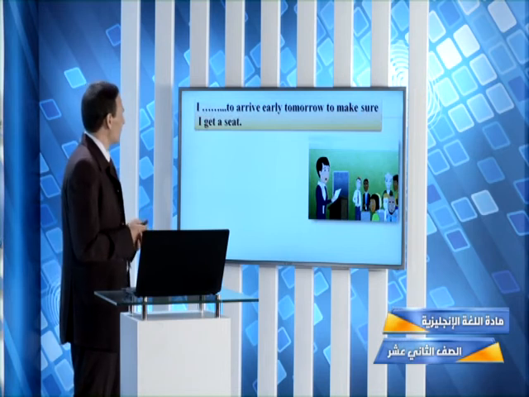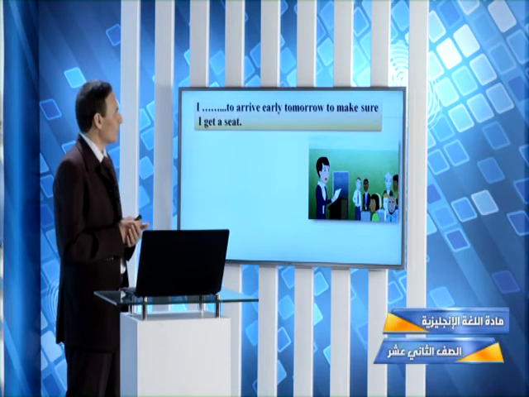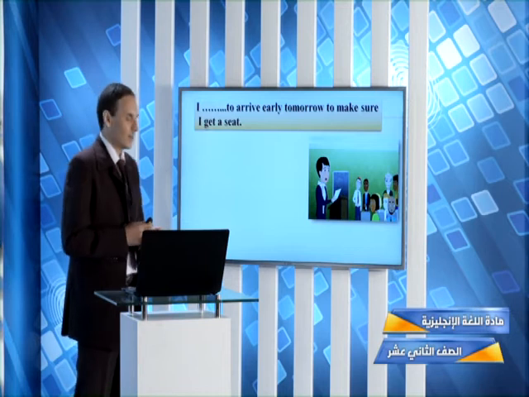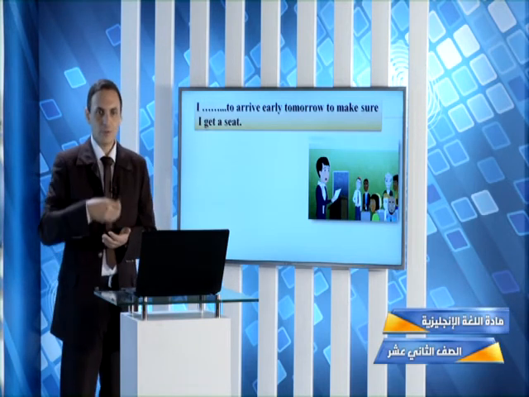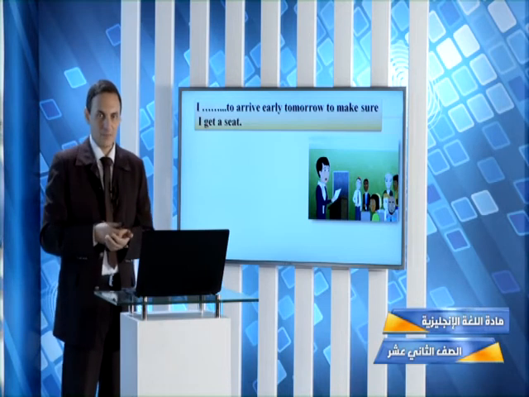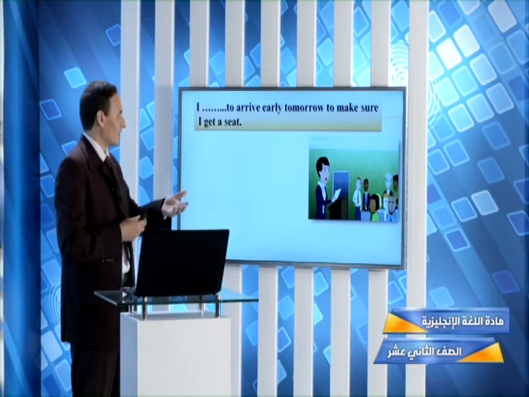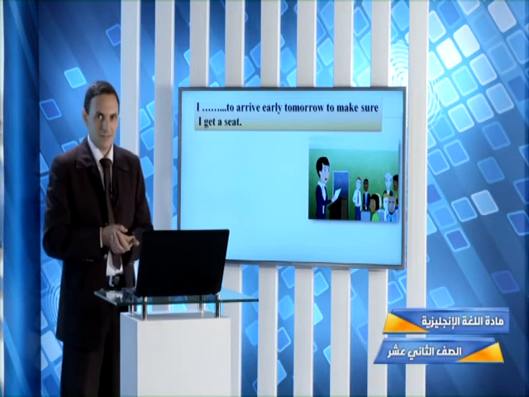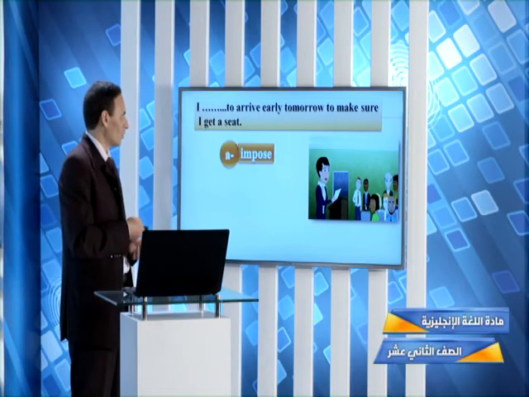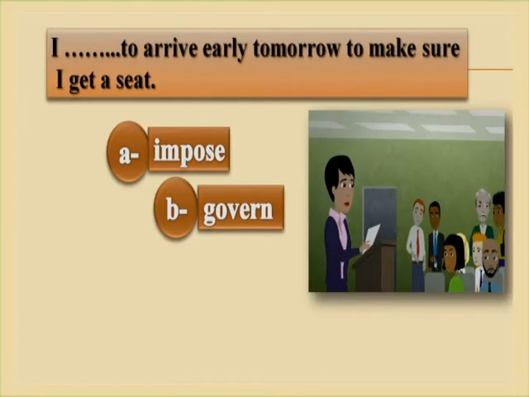Next sentence, I, space, to arrive early tomorrow to make sure I get a seat. I am referring to tomorrow, and tomorrow is a future time. So I plan, or I will arrive early tomorrow to make sure to get a seat. Now choose a word which expresses intention.